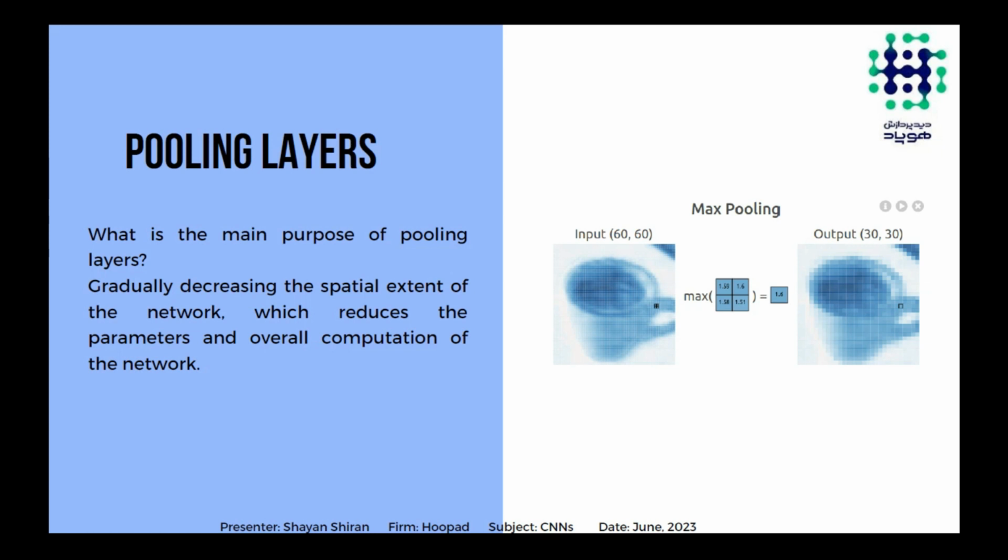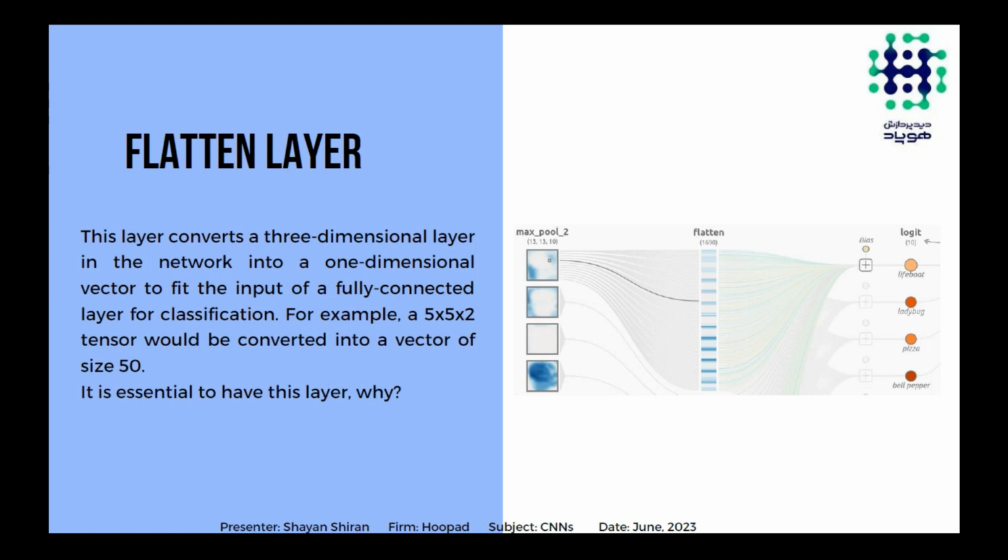We can use max pooling for our pooling layers, and we can have thousands of convolutional layers, we can have thousands of pooling layers, and today's state of the art CNNs usually have a lot of these layers.